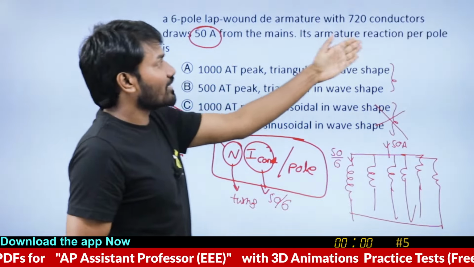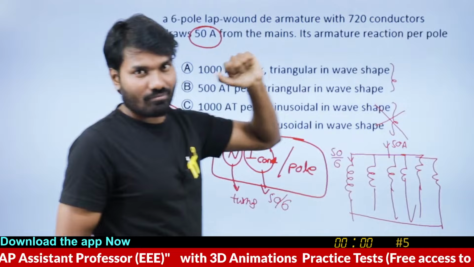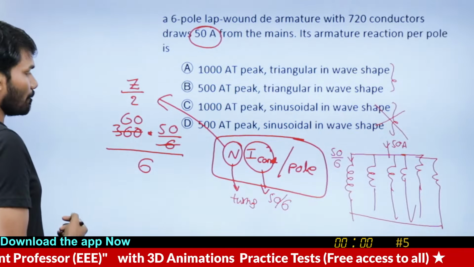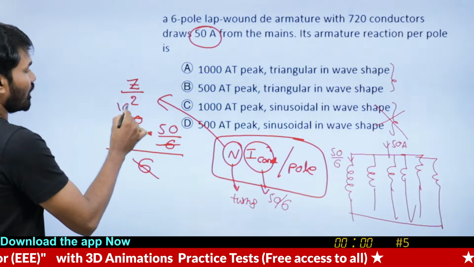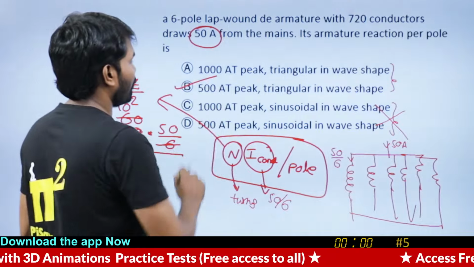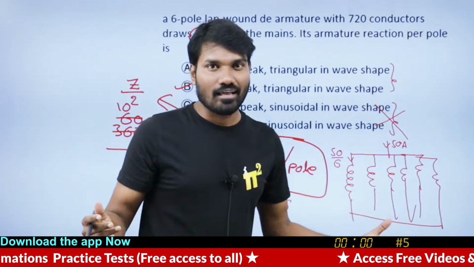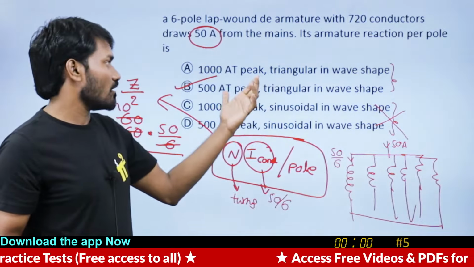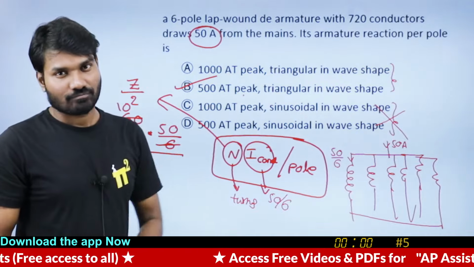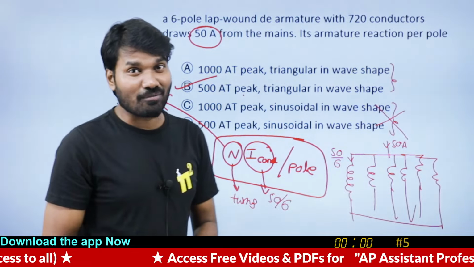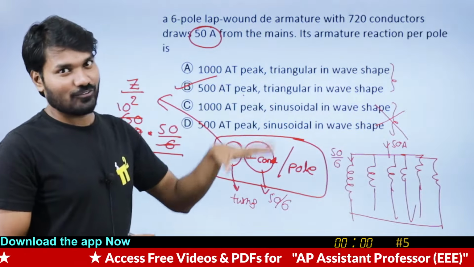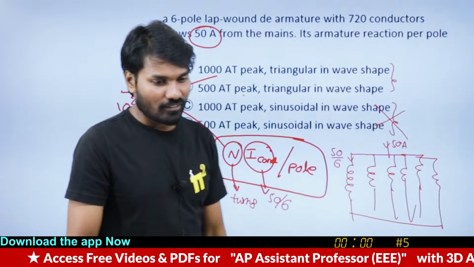Because it is asked armature reaction per pole, the effect you have to find per pole. So this is 10 over here. So 50 into 10, 500 ampere turns. Peak value. That's not average value or RMS value or anything. That's a peak value. Okay.